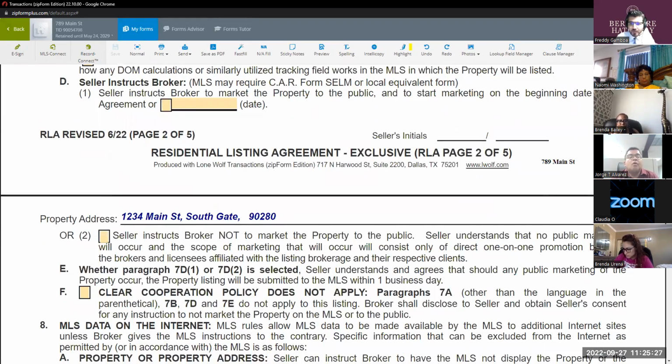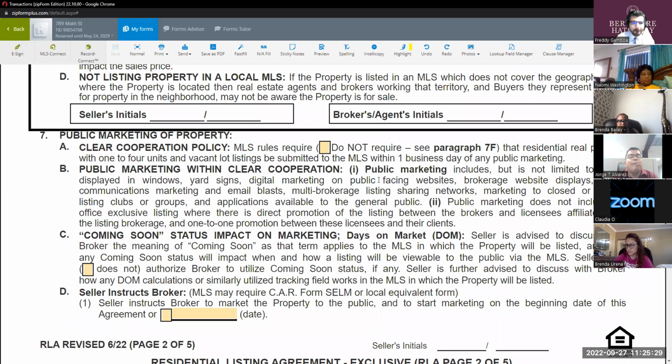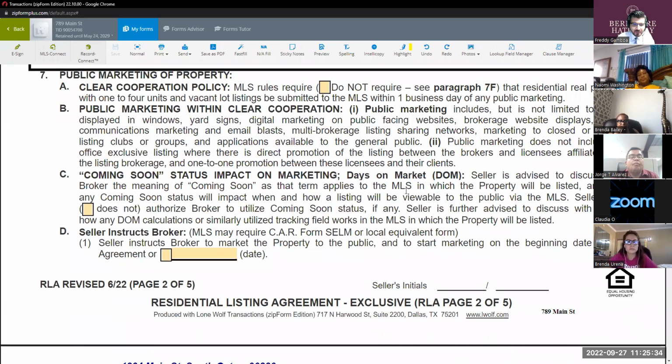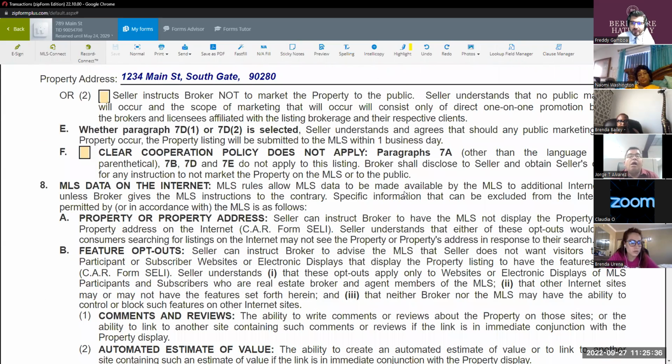So any questions on page 2? We're good? Page 2, we're covered? Okay. Page 3: Seller instructs not to market the property to the public. Seller understands that no public marketing will occur, and the scope of marketing will consist only of direct one-on-one promotion between the brokers and licensees affiliated with the listing brokerage and their respective clients.